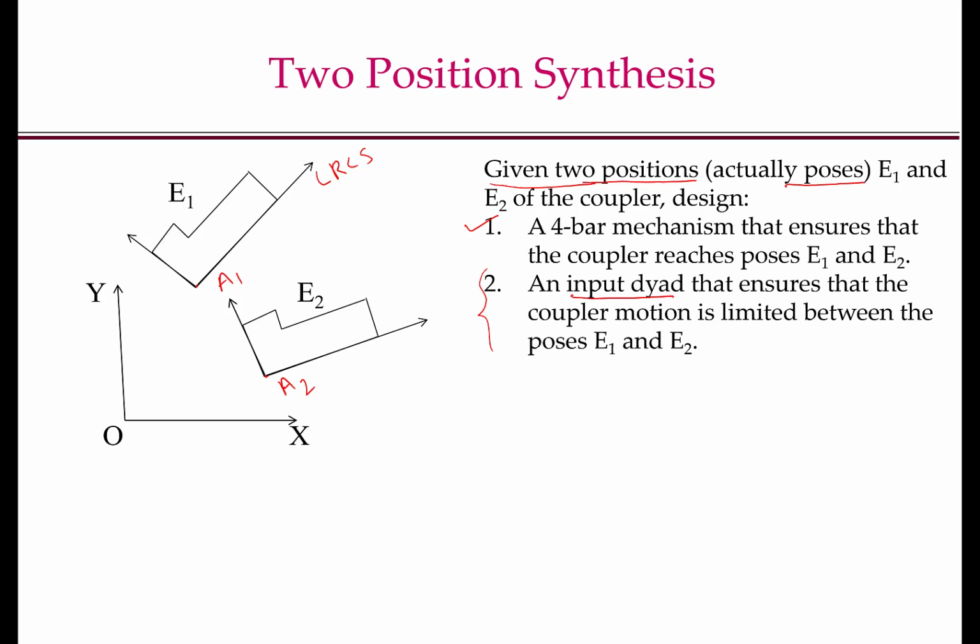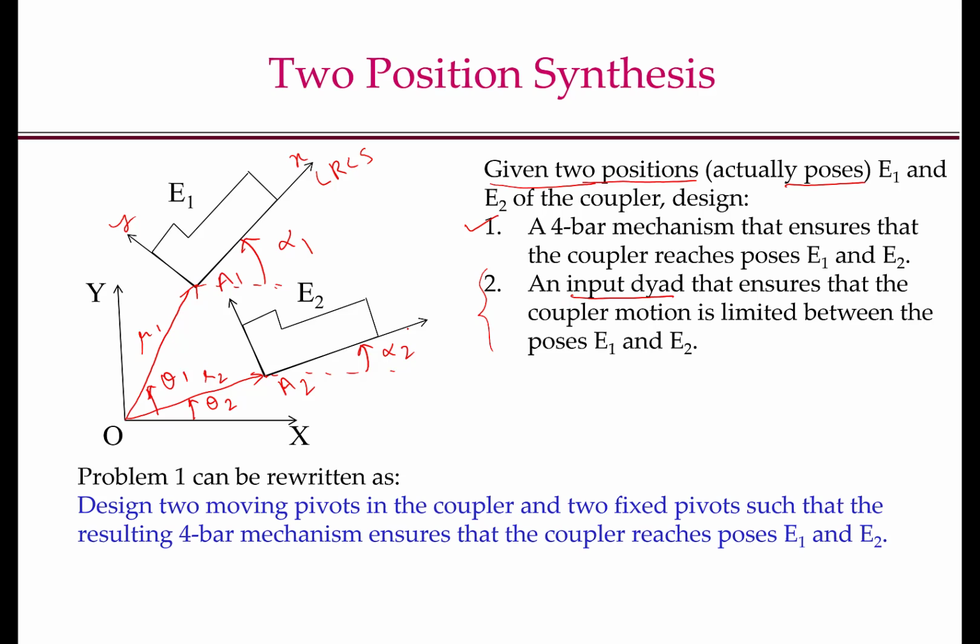When it is said that the pose of the coupler is known, it means that I know the vector OA, which means I know this length R1, this angle θ1, and I know the angle the x-axis of the LRCS makes with the x-axis of the global frame, which is alpha1. Similarly, I know the pose E2, means I know the position of A2, which I will denote by R2 and θ2, and I know the angle alpha2.